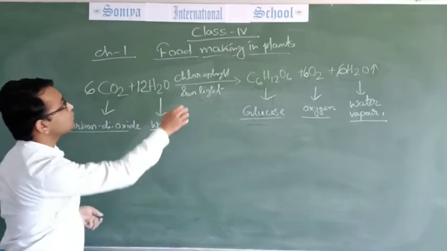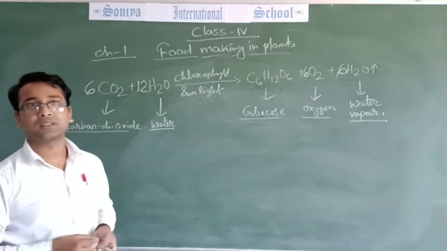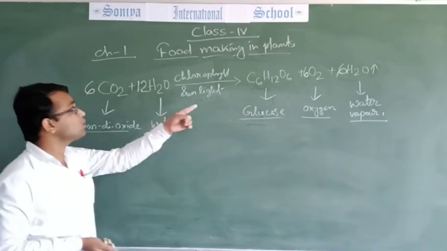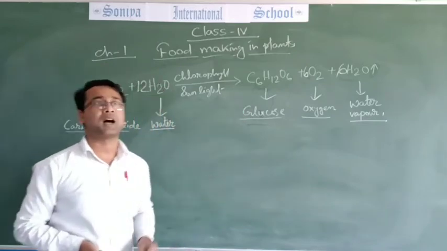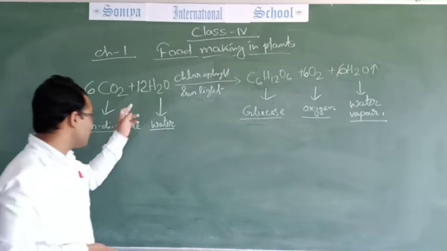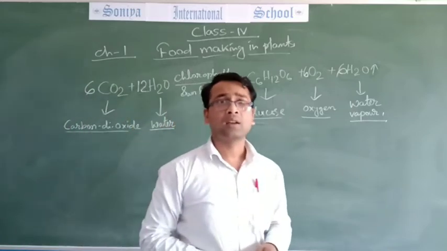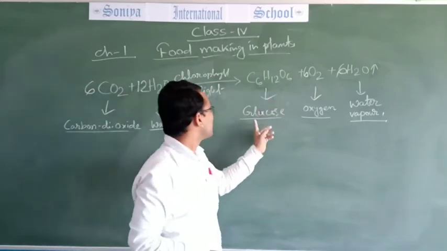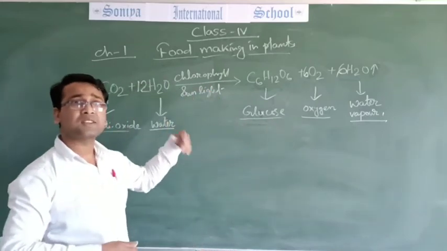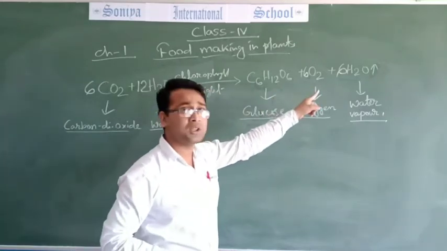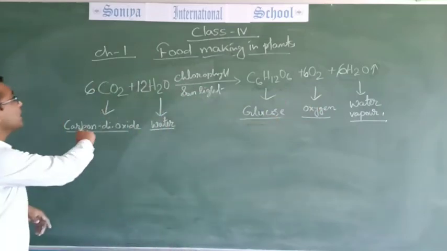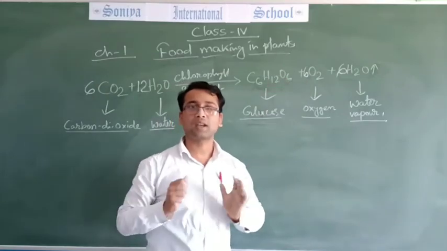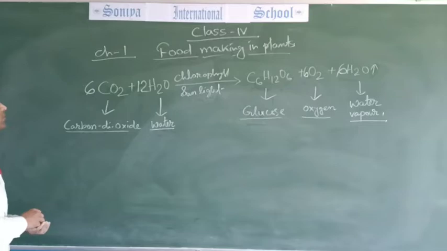So this is the balanced form of photosynthesis. 1 unit of glucose is formed by 6 units of carbon dioxide and 12 units of water in the presence of chlorophyll and sunlight, and it releases 6 units of water vapor and the same units of oxygen. Is that clear? Yes, good.